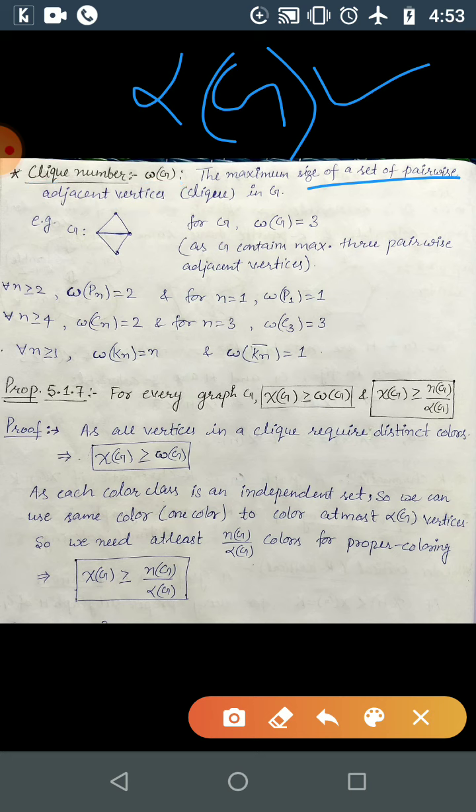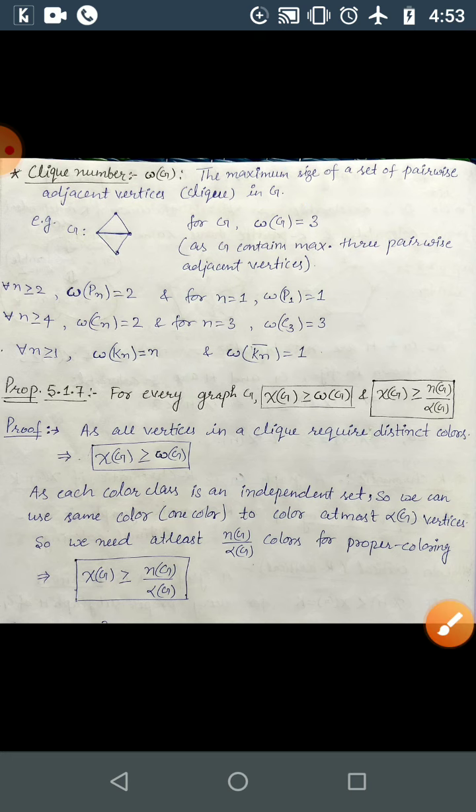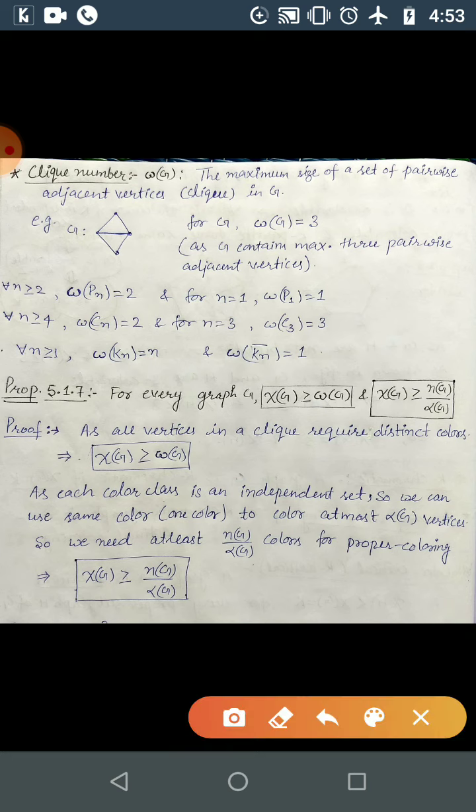So the maximum independent set size is alpha of G, and the maximum clique size is omega of G. This is not W, this is omega of G. Alpha corresponds to independence, and omega corresponds to every pair being adjacent. So the clique number is omega, and the independence number is alpha of this graph.